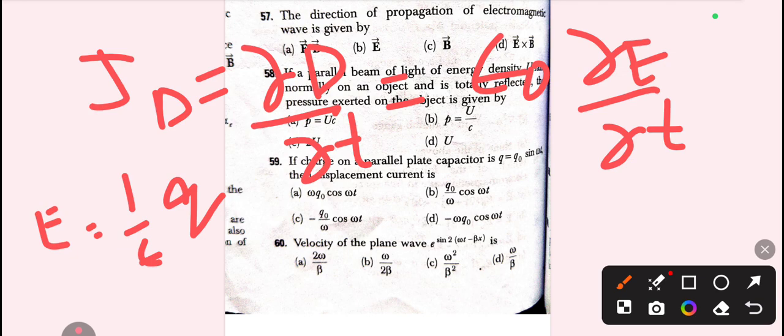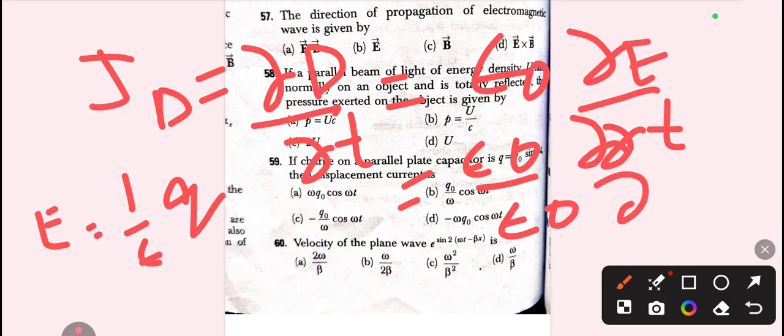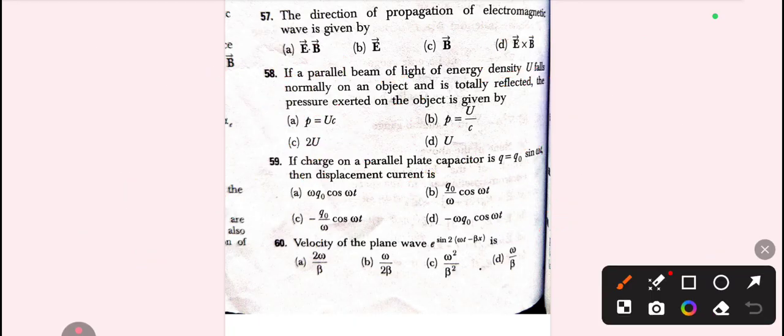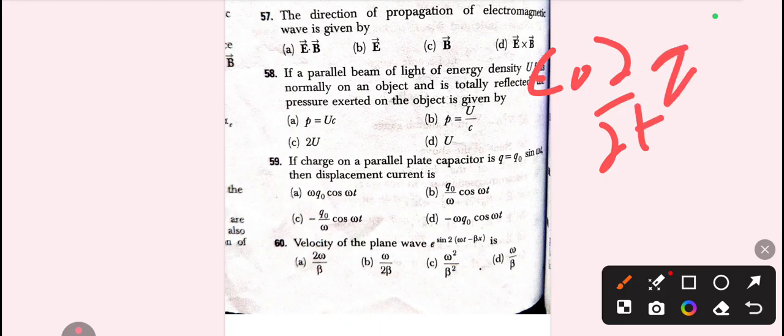Then we have epsilon naught into partial over partial t of (1 over epsilon naught) into Q, equals Q naught sine of omega t. So epsilon naught into partial over partial t of Q naught sine of omega t.